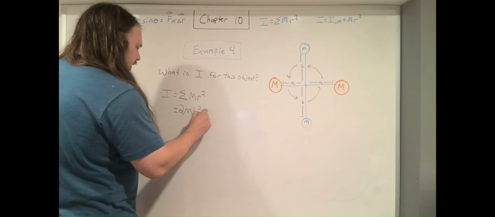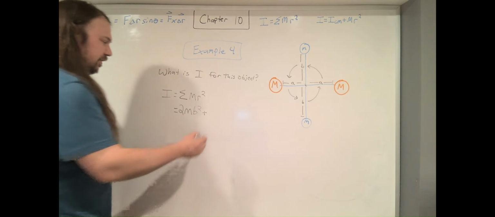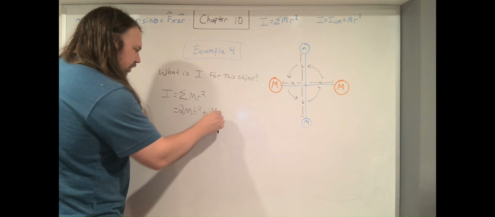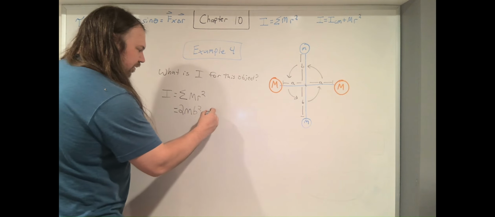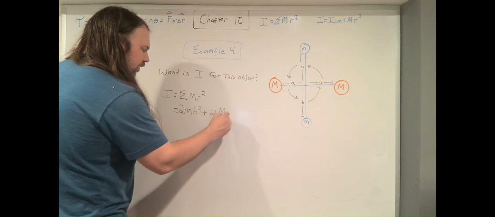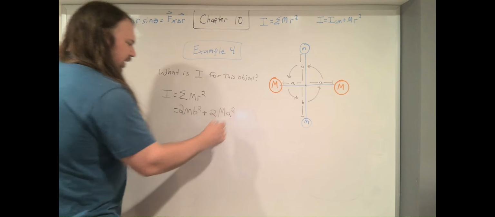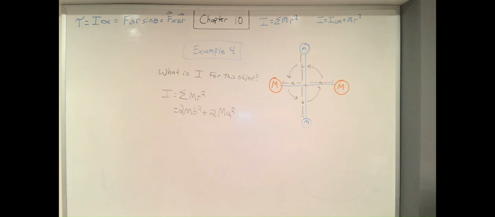Plus, we also have the big M. Actually, we have two big M's, and those are a away. So you can see by changing the axis of rotation, the moment of inertia changes greatly. Okay? So there's an example on determining moment of inertia.